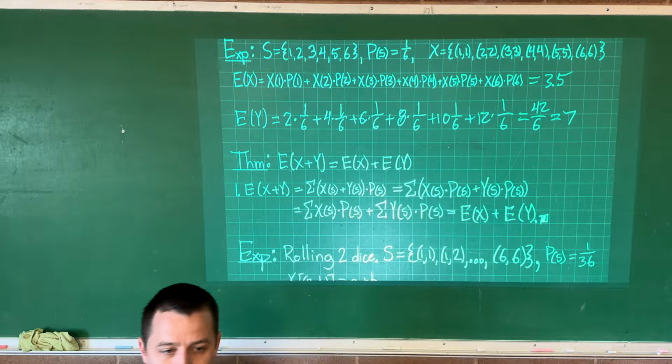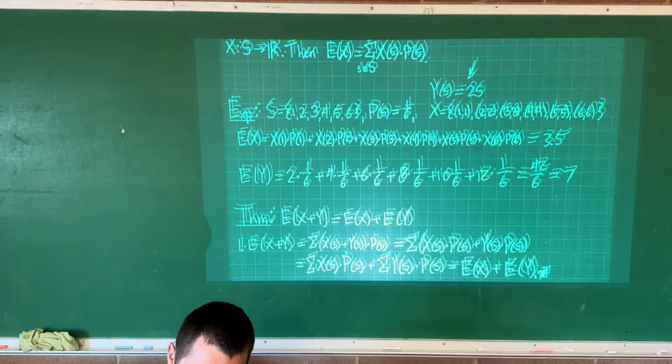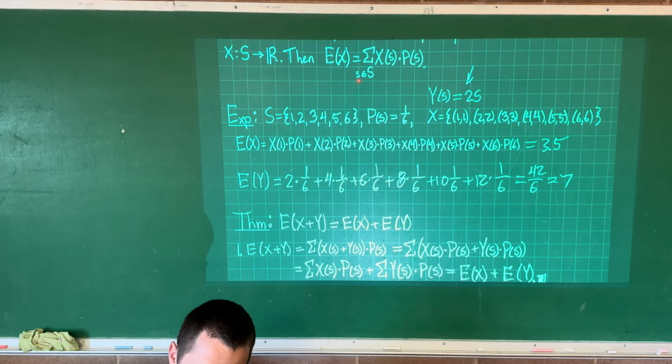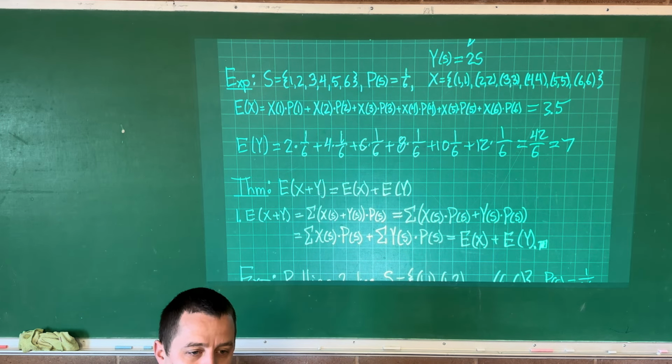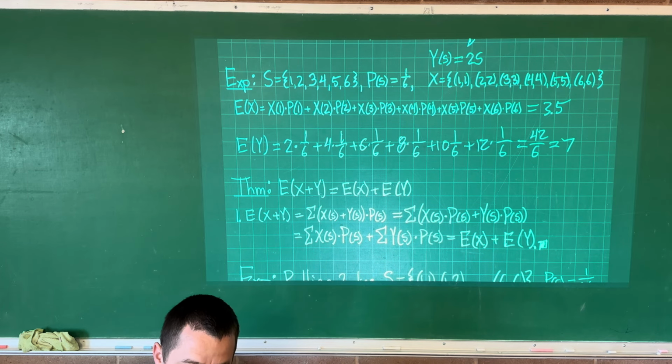A function plus a function just returns a function. So this is the sum of x plus y of s. I'm not going to write the little s in big S at the bottom of the sums anymore; from here on out, it's implied. So it's the sum of x of s plus y of s, all times our probability function, just plugging into the definition.